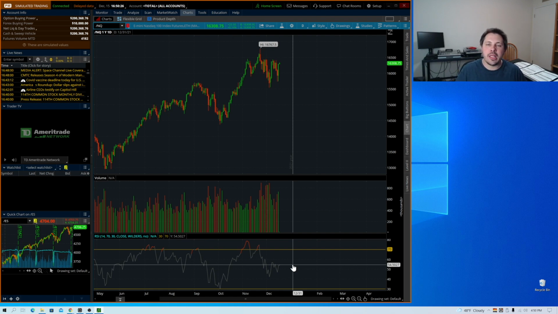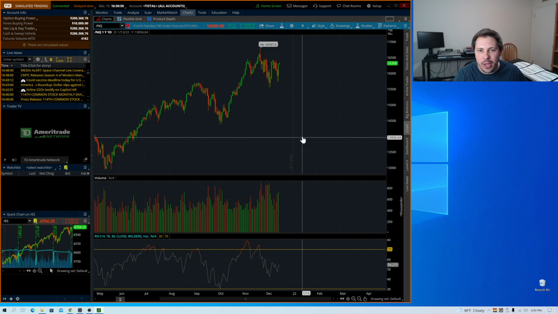Why? Well, leading indicators are exactly what they sound like. They're leading us to an assumption in the future. They'll maybe shoot off a buy or a sell signal, overbought or oversold. And then based on that, we could put on a position and we would expect the price to act accordingly in the future.